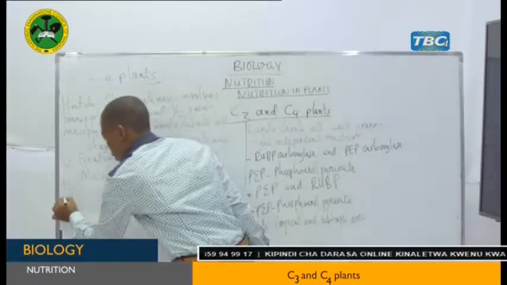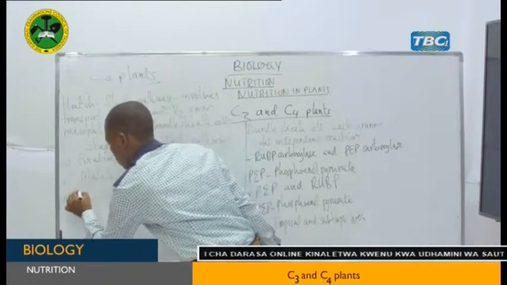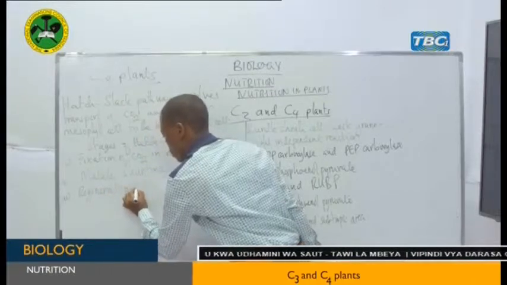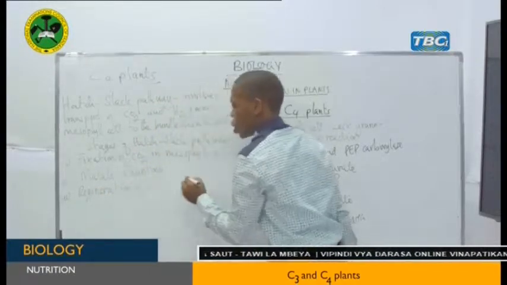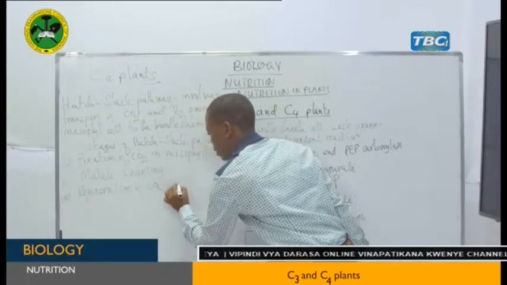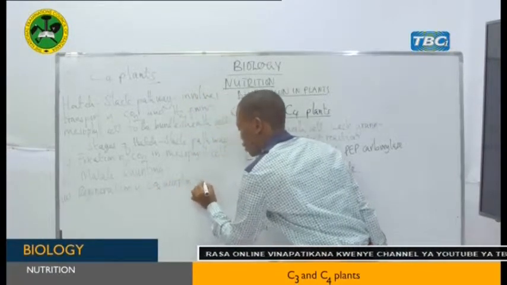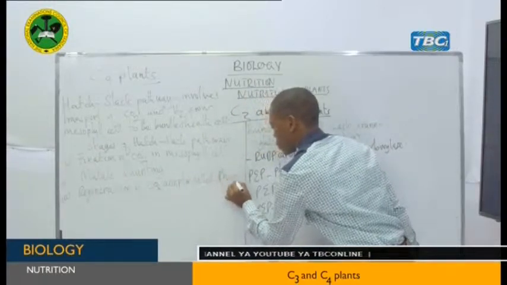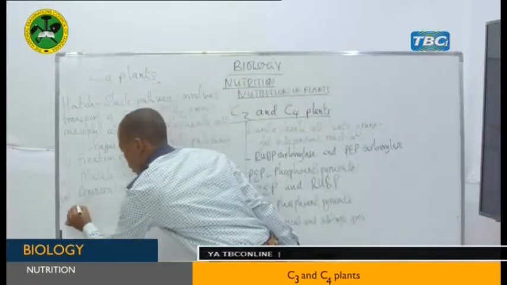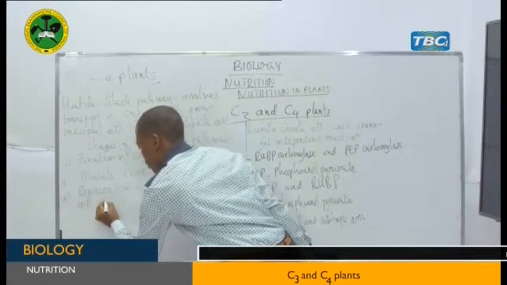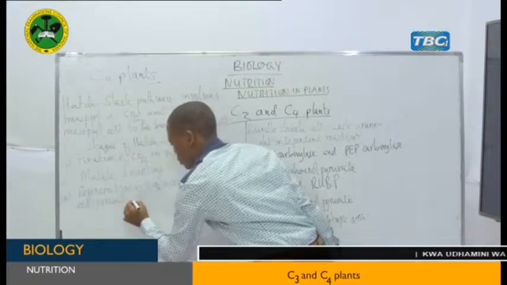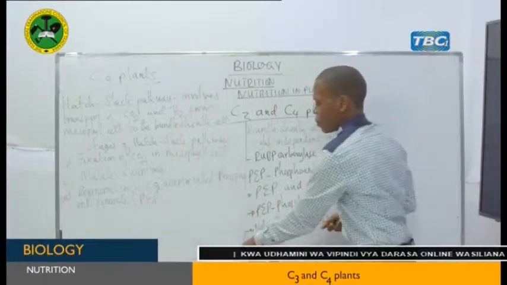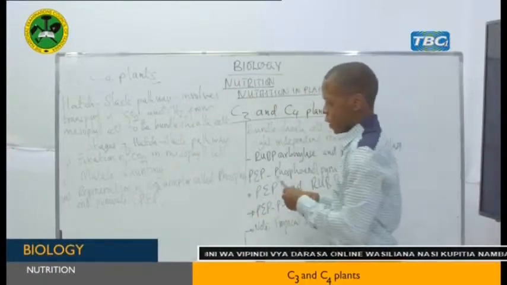The third stage is regeneration of the carbon dioxide acceptor called phosphoenol pyruvate, PEP.